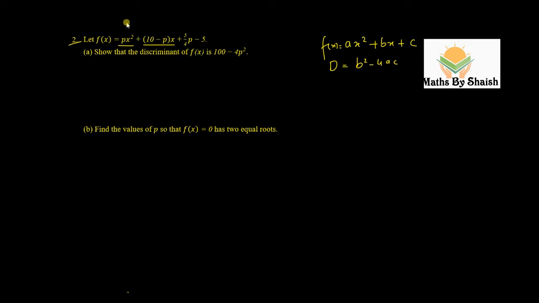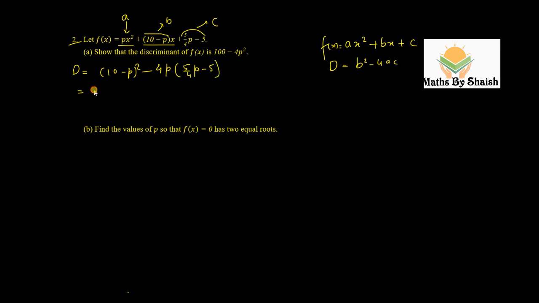So we can compare. We can see this is a, this is b, and this becomes c. So discriminant d is equal to (10 - p)^2 - 4 times a, that is p, into 5 over 4p - 5.